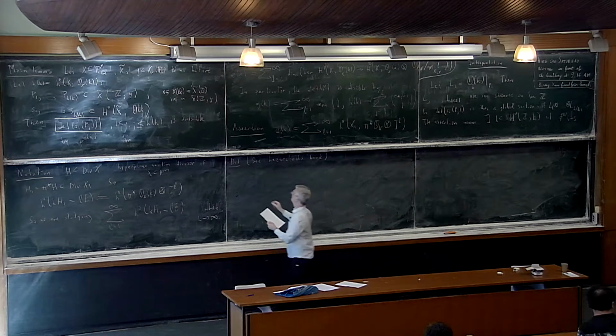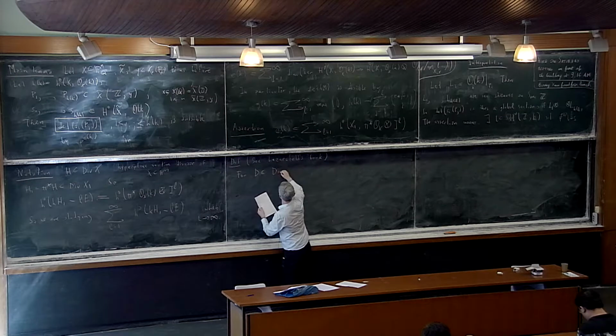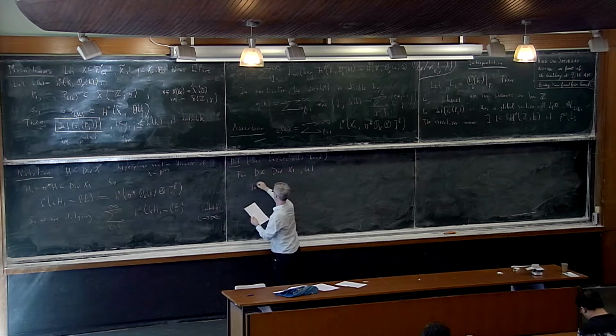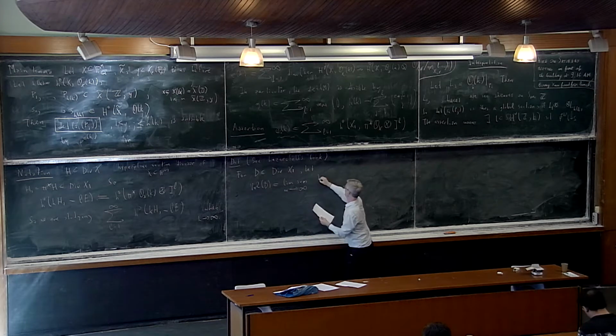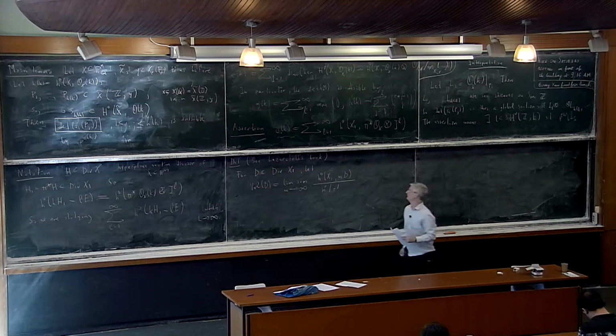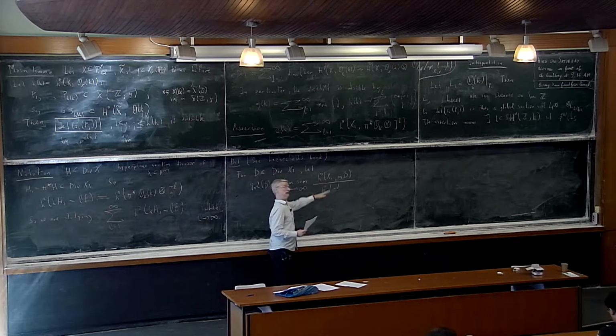So for D a divisor on X1, let the volume of D be the lim sup, as m goes to infinity, of the dimension of H0 of X1, mD, divided by m^r divided by r factorial. When D is ample, this is just an intersection number by Riemann-Roch.